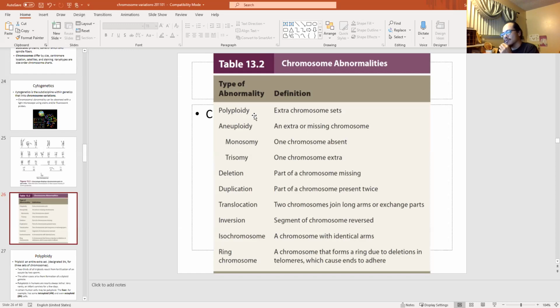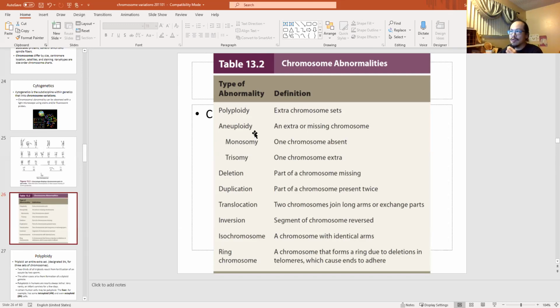With this one, the person will not only have 23 pairs, it will be 23 times 3, a lot more chromosomes in the cell. We also have aneuploid, that is not just an extra set, it's only an extra chromosome for a type of chromosome.